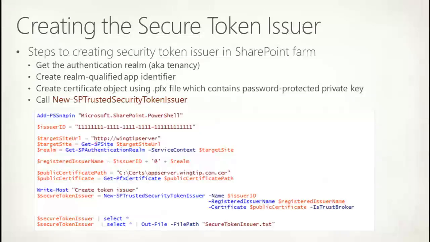There's my target URL. Now, you also see this get site and then get authentication realm. There's something about apps that requires apps to run inside a specific tenancy. And tenancies are real big in Office 365. If I get an Office 365 presence, they give me a tenancy, which is those site collections. If you do the same, they'll give you a tenancy.